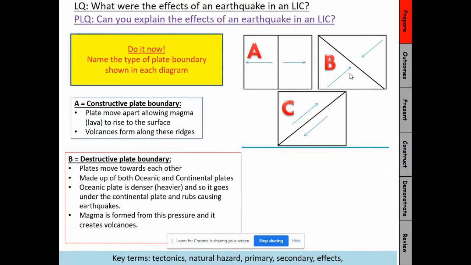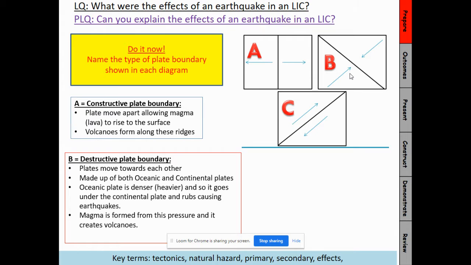So it subducts underneath the continental plate, which pushes the continental plate up. As the oceanic plate goes down, the continental plate goes up. And it's that rubbing process of the continental plate scraping against the oceanic plate that creates earthquakes. You'll also find that as the oceanic plate subducts under the continental plate, it warms up, and this pressure creates volcanoes coming through the continental plate.